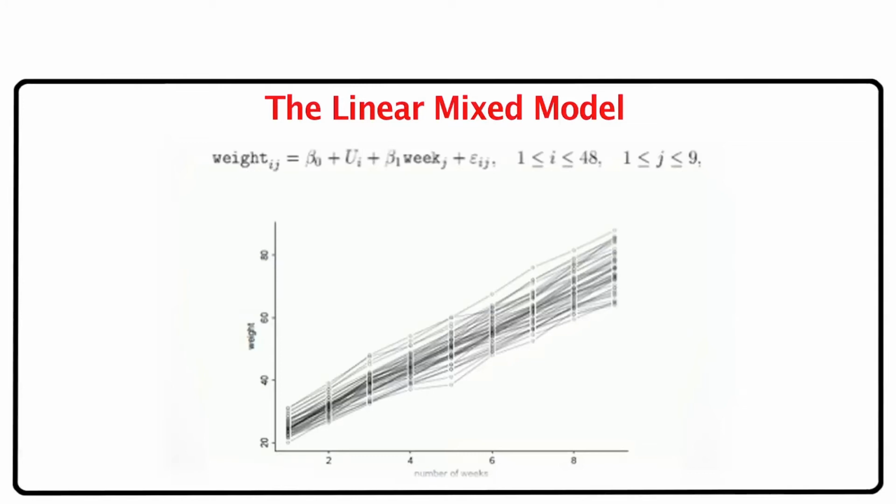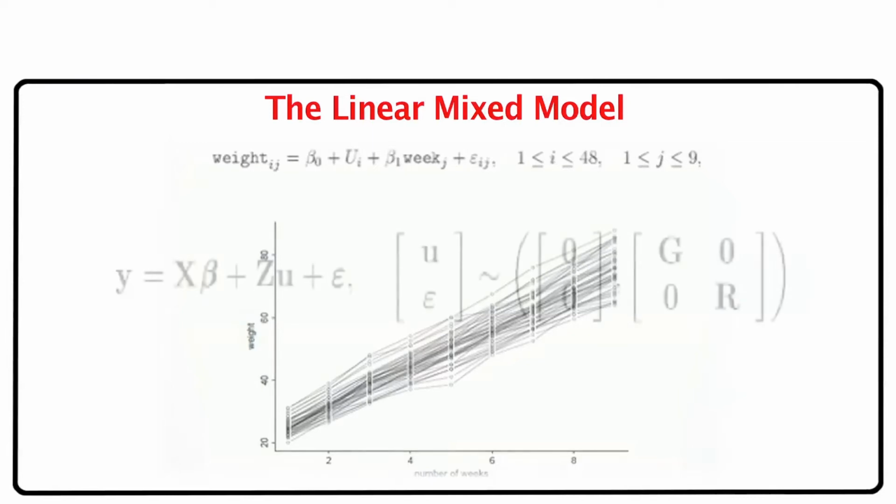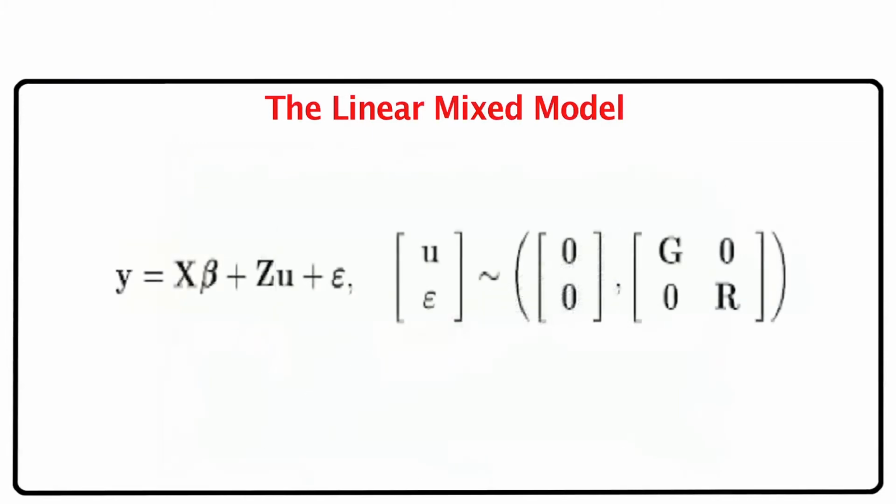We could have stopped here, but not making any further assumptions about beta naught i would lead to a very large number of parameters. So in this case, 48 parameters, and hence poor inference. To reduce the number of parameters, we further make the assumption that the u_i are normally distributed independently of the epsilon_ij. So here is the general form of the linear mixed model.